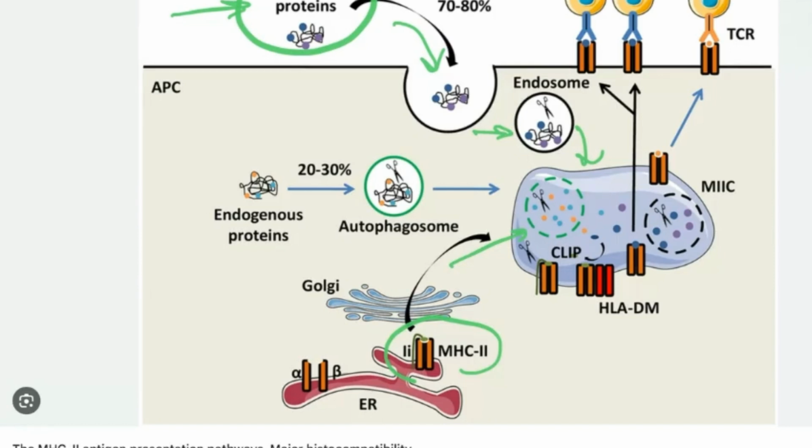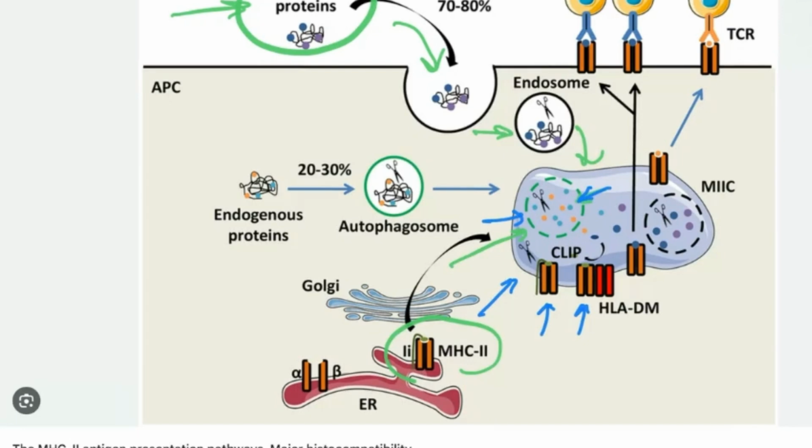And then the peptides, you can see tiny bits of the peptide. Once the peptides are broken down, then they will be loaded onto the MHC2. So MHC2 comes from the endoplasmic reticulum to the lysosome there.